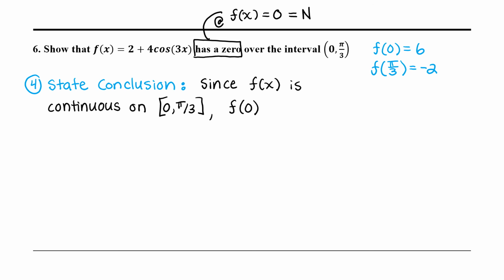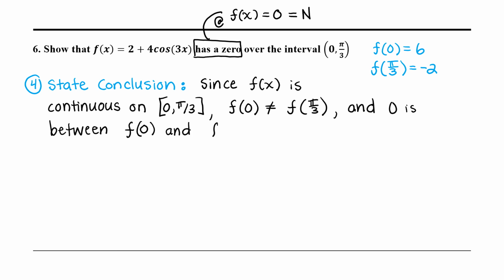So f of 0 does not equal f of pi over 3. And 0 is between f of 0 and f of pi over 3.